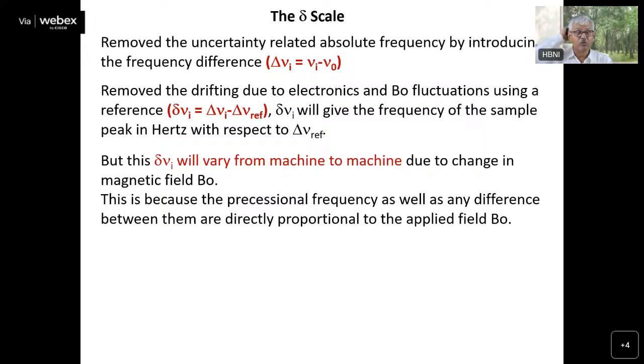We know that the precessional frequency depends on the applied magnetic field, and the difference in precessional frequency also depends on the applied field. I'll show you here.